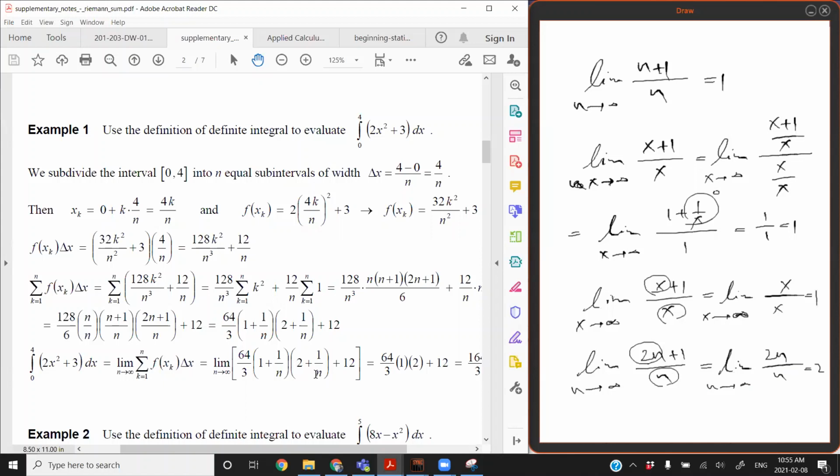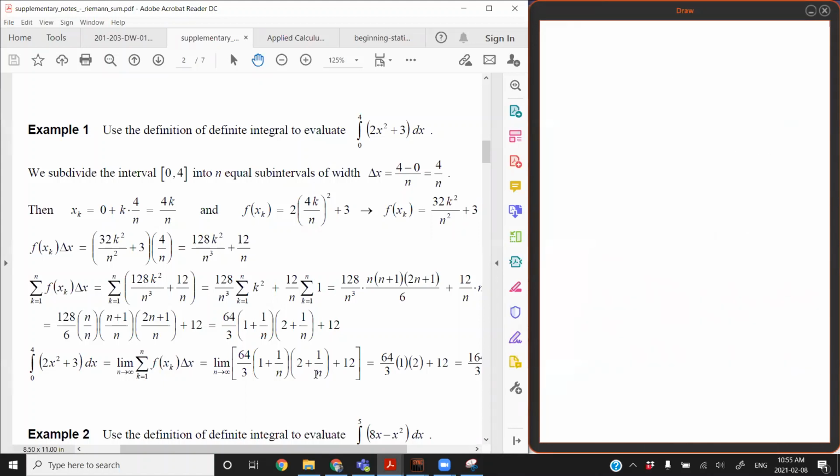There is another way of reaching the same conclusion. If you have limit of n plus 1 over n as n approaches infinity, you can write that as limit of 1 plus 1 over n as n approaches infinity. And now it's clear that this part is going to go to 0, so you get 1.